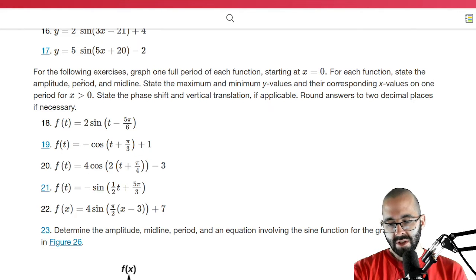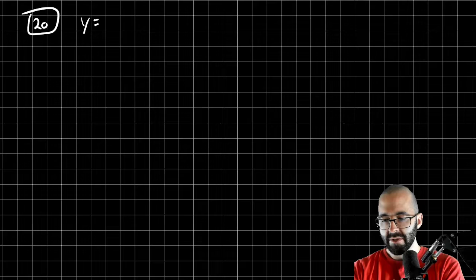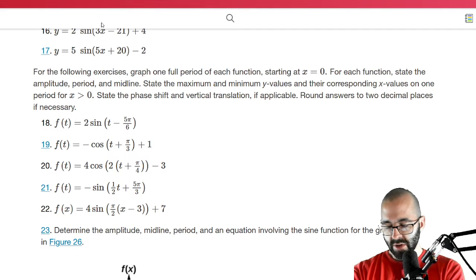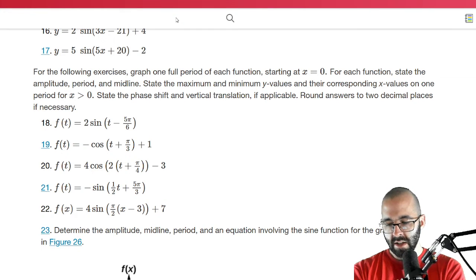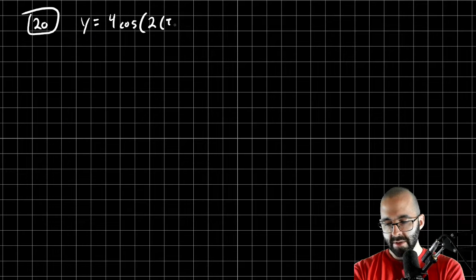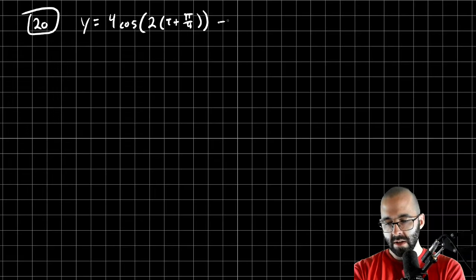And then there might be a phase shift and vertical translation. Okay, so here, let's write down the function. For 20 it is 4 cosine of 2 times (t plus pi over 4), minus 3.